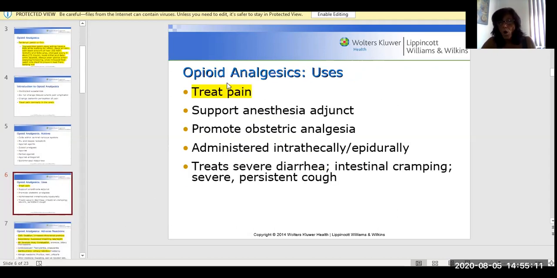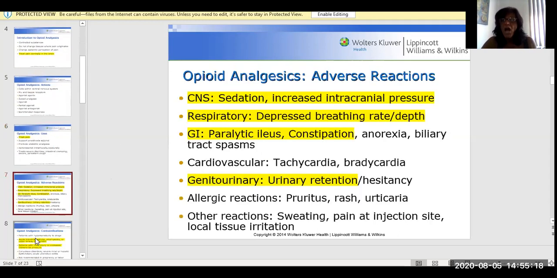So here, opioid, their uses, indications, treat pain, highlighted, okay? Adverse reactions, highlighted. Sedation, increased intracranial pressure, depressed breathing rate, depth, right? That's depressed respirations, paralytic ileus, urinary retention, and I do have constipation. But so you see that those are the ones that you need to focus on, because you're not going to remember all of them.